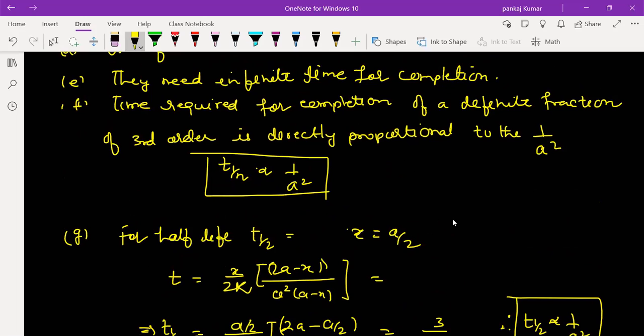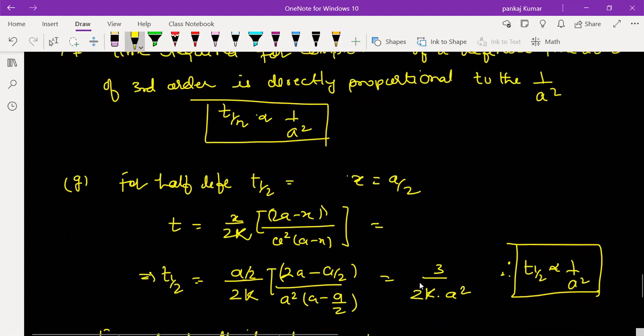Sir, isn't 1 by a square a constant? Why is it constant? It is proportional now, because 3 by 2k is constant, so t half is proportional to 1 by a square.